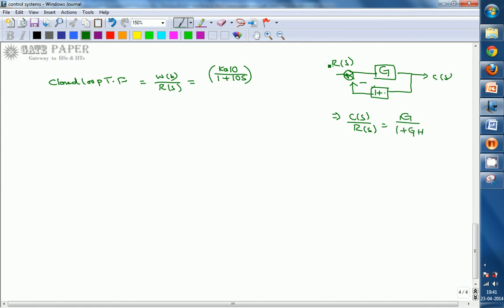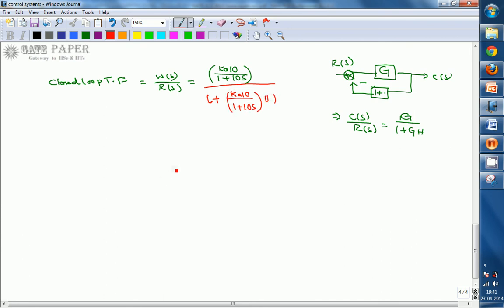Applying this expression, G is Ka 10 divided by 1 plus 10S, and the H value is given as 1 here.